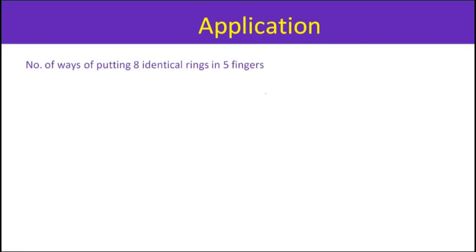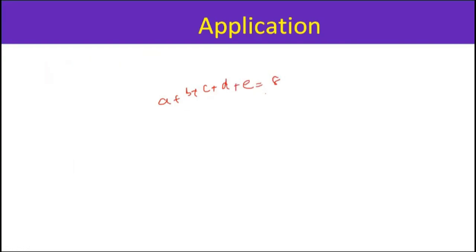See, when we saw 7C4, we did not assume it, right? 8 identical rings and 5 fingers. Wait, in the last question... oh, sorry, my bad, guys. Yes, it should be 12C4. Very good.